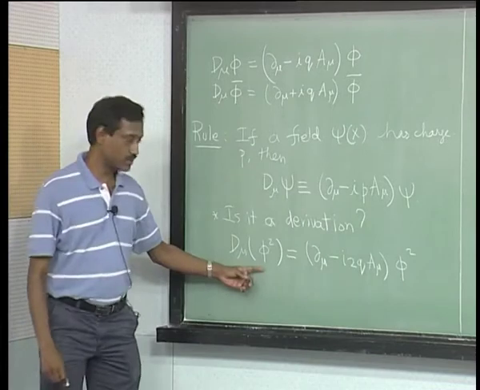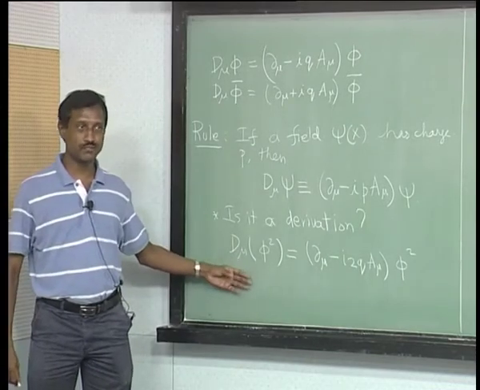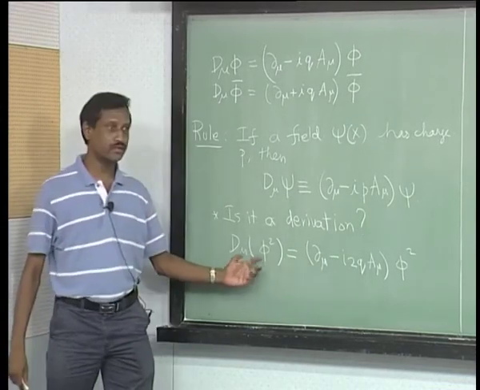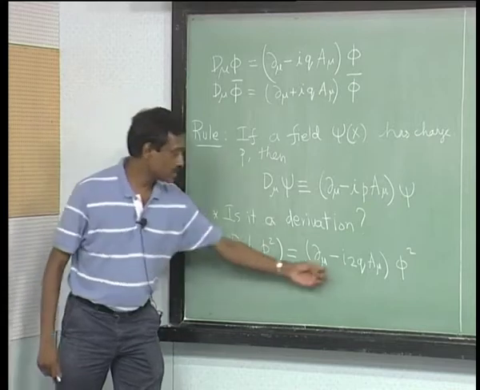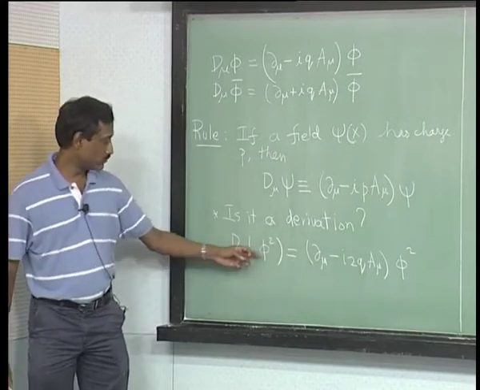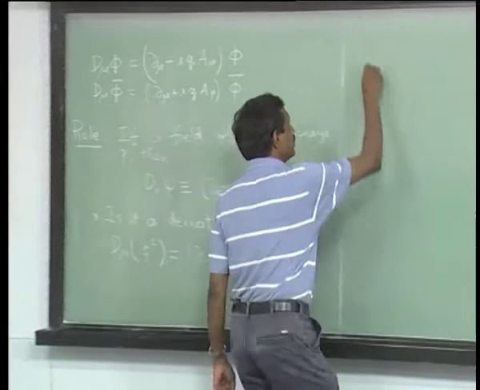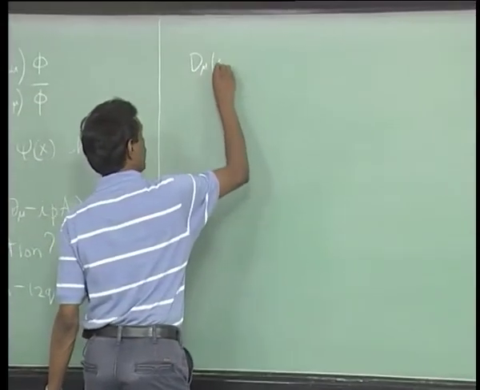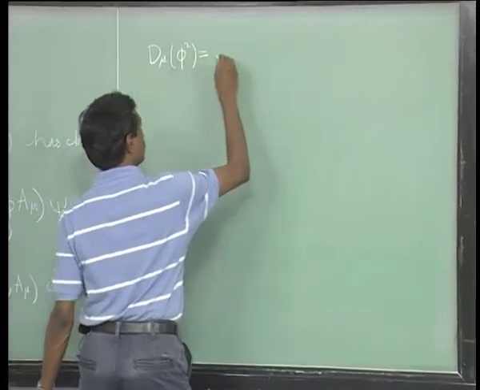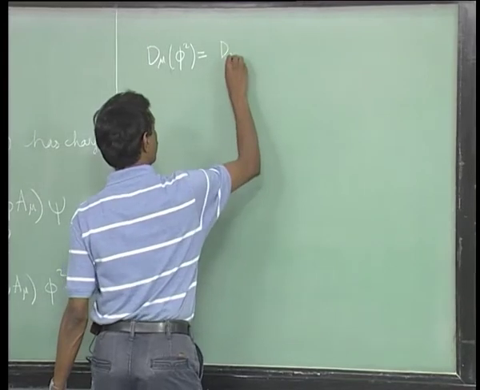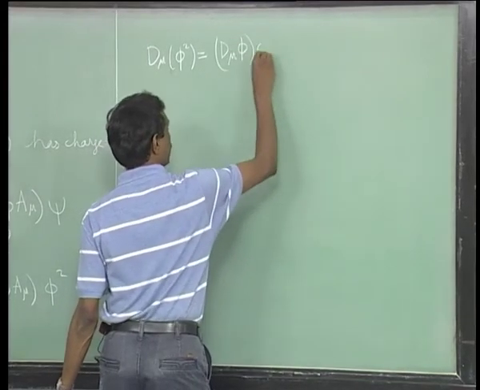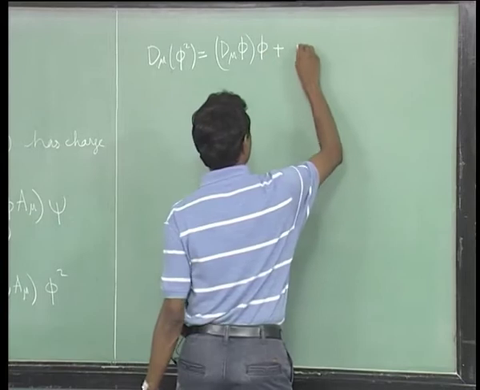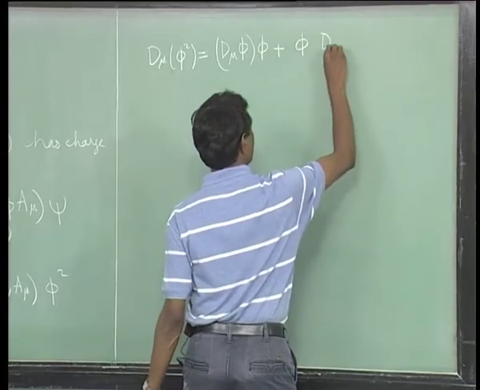Now let us see if the Leibniz rule works. Here we are just using psi as a single object which has charge 2q. The Leibniz rule will tell you that D mu of phi square should be equal to D mu of phi times phi plus phi times D mu of phi.